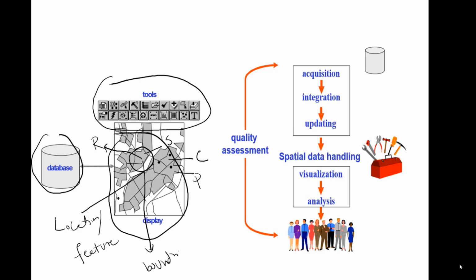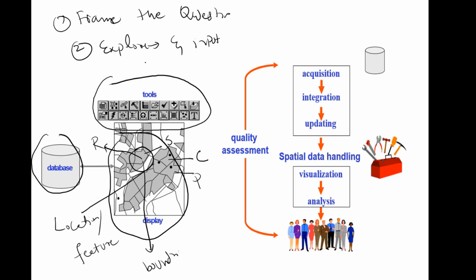How we analyze this is very important. We always need to frame the analysis around five main steps. The first one is to frame the question. For example, always ask what you want to do. Second, explore and prepare the data: first explore, and then input the data. Third, choose the analysis: which tool or method you will use.